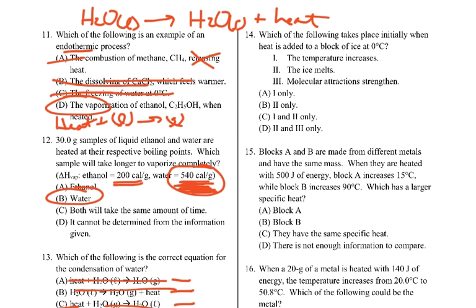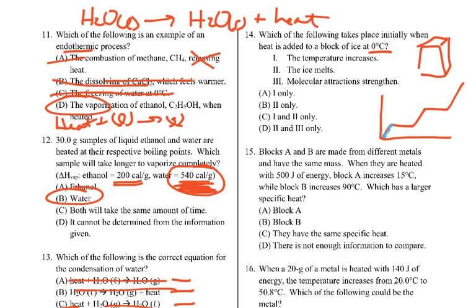Okay, 14. Which of the following takes place initially when heat is added to a block of ice at 0 degrees? Now, block of ice is important, but at 0 degrees is also important. So we're thinking back to our heating curve. If I had ice down here at negative 20 degrees, then I would have to warm it up first.